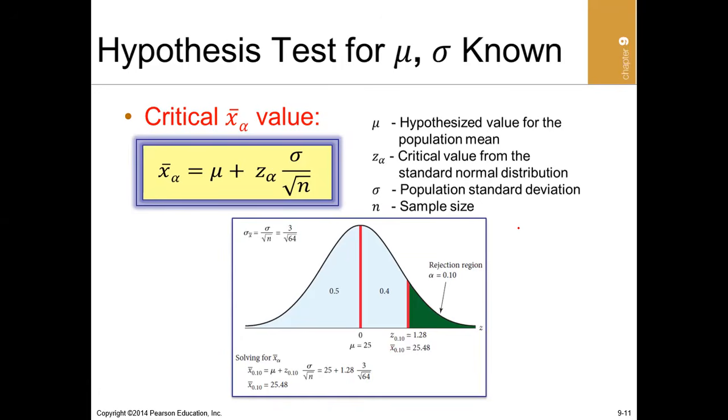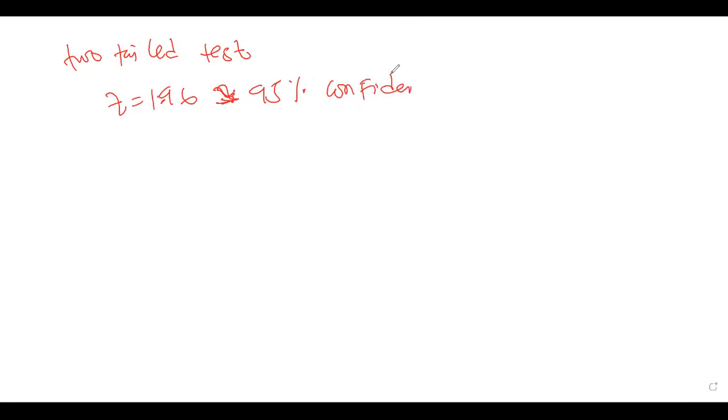Remember that when we are doing a two-tailed test, which is normally done in confidence interval, a z-value of 1.96 corresponds with 95% confidence level.